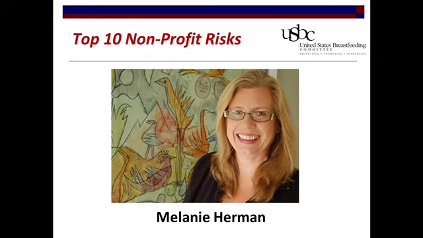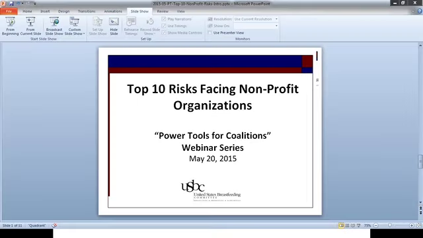And today we are especially excited to share with you the wisdom of Melanie Lockwood Herman, who's the Executive Director of the Nonprofit Risk Management Center, a widely recognized nonprofit resource sharing center serving nonprofits in the US and internationally. Melanie has held management positions in nonprofit organizations throughout her 30-year career.